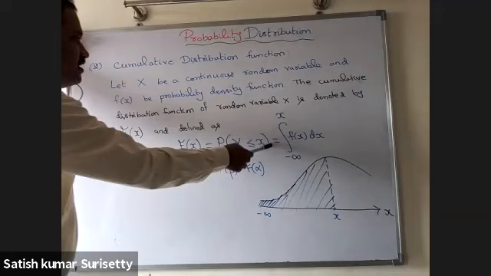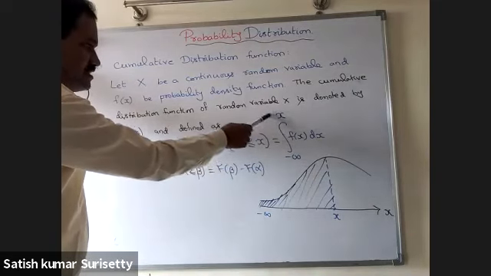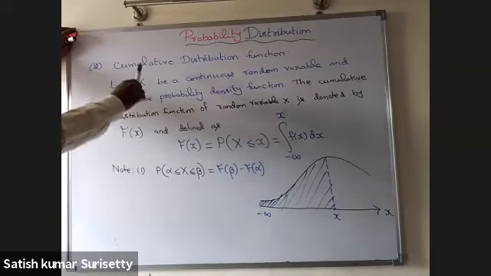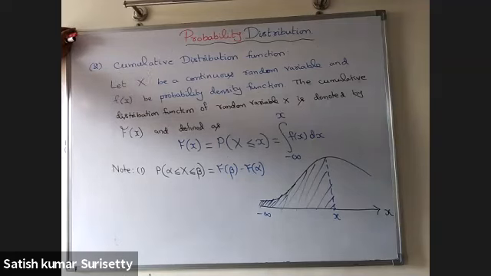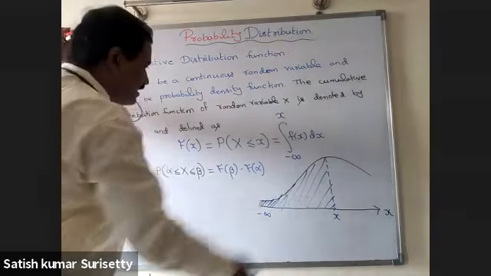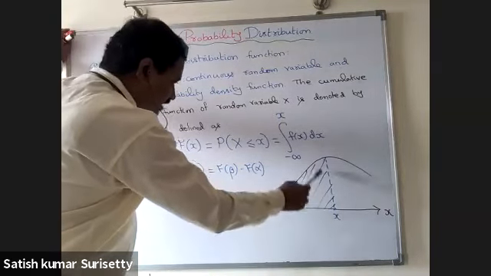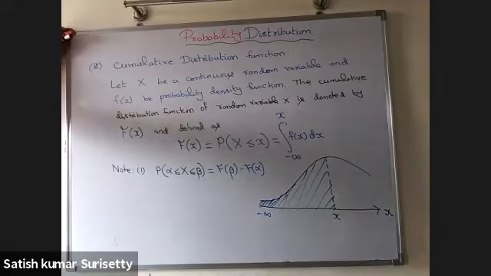That is equal to integral of minus infinity to x f of x dx. So in a similar manner, it is with respect to the cumulative distribution function for the discrete random variable. There we are using the sigma notation. Here we are using the integral notation.